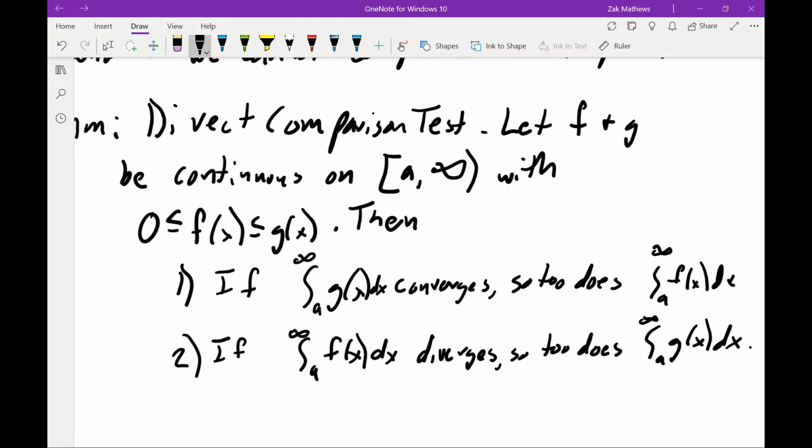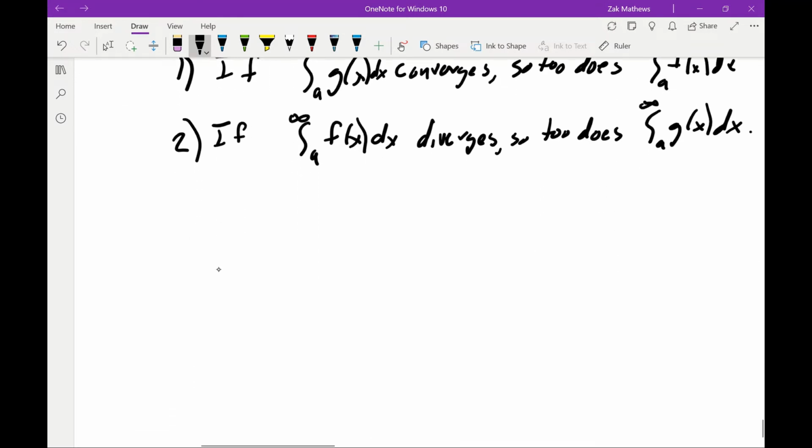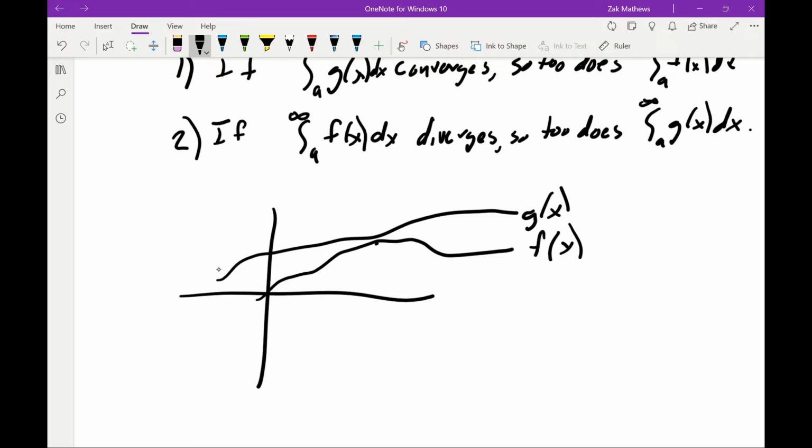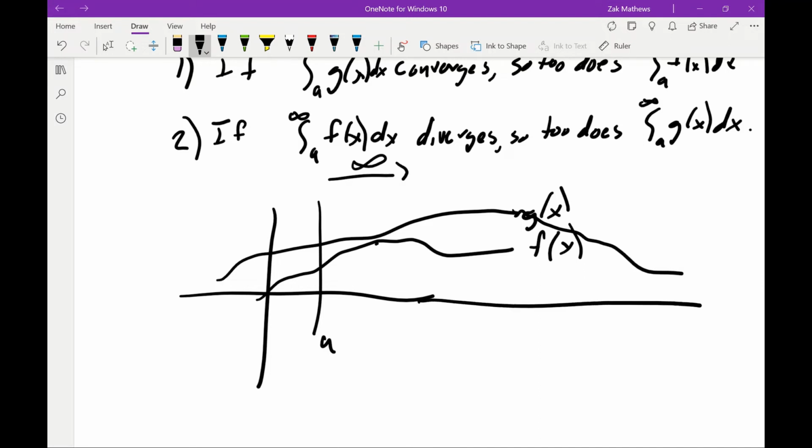I'm not going to do the formal proofs of these, but I'm going to give you the visualization for why they are true. So we are told that we have two functions, f and g. F is always less than g, or they could be equal at some points, that's fine. Whatever they look like, they could go on forever. We're taking the integral from a to infinity. Well, if g at some point is coming back and converging in some way, and they're both greater than 0, then that means f of x also has to converge.